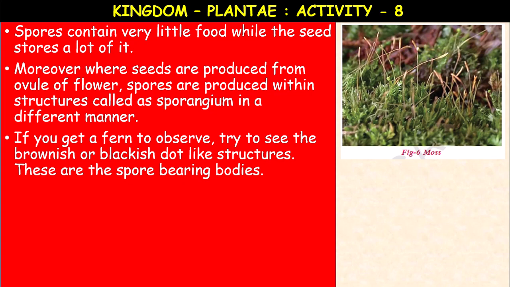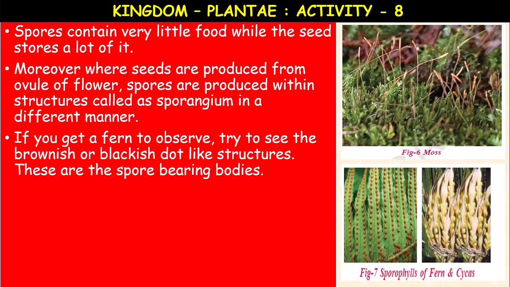If you get a fern plant to observe, try to see the brownish or blackish spots or dot like structures. So these are the spore bearing bodies called sporangium. So you can see here the sporophylls of the ferns and the cycas.